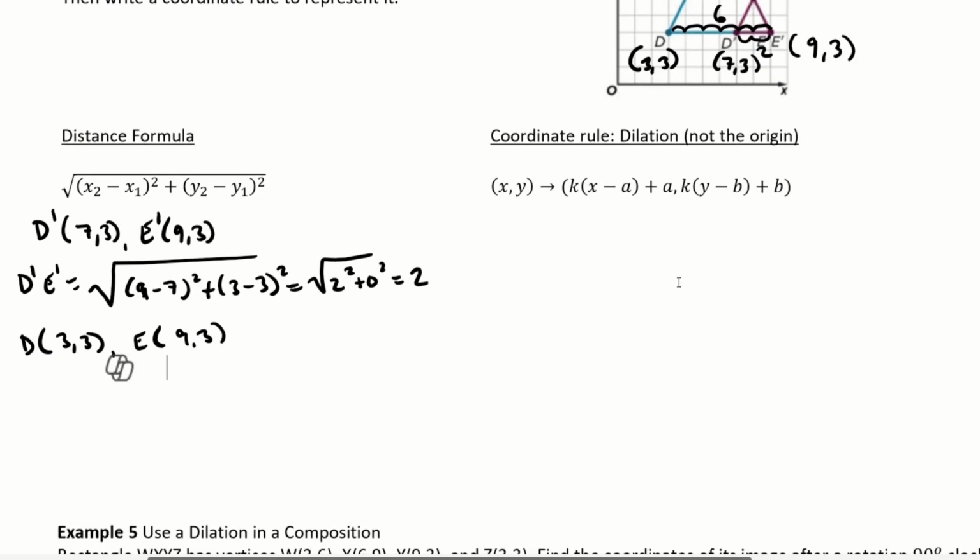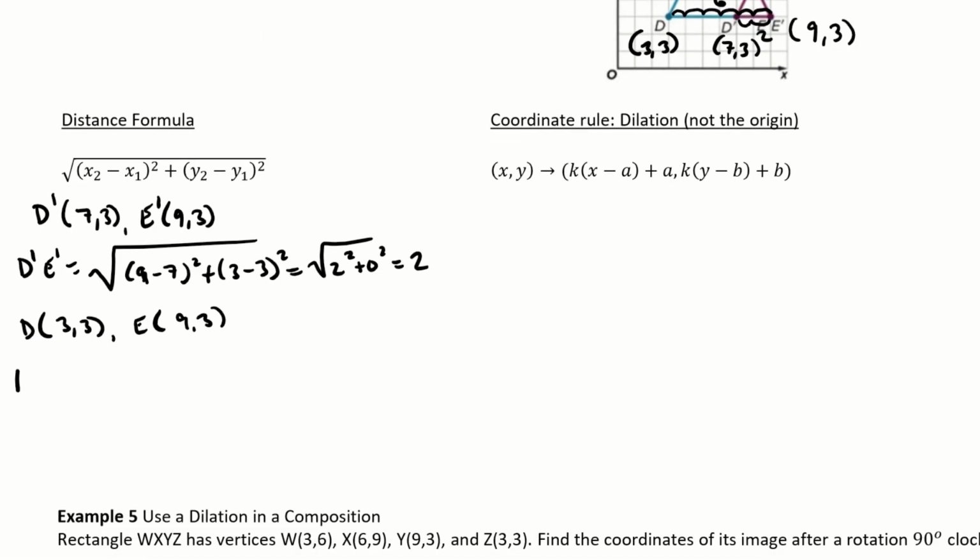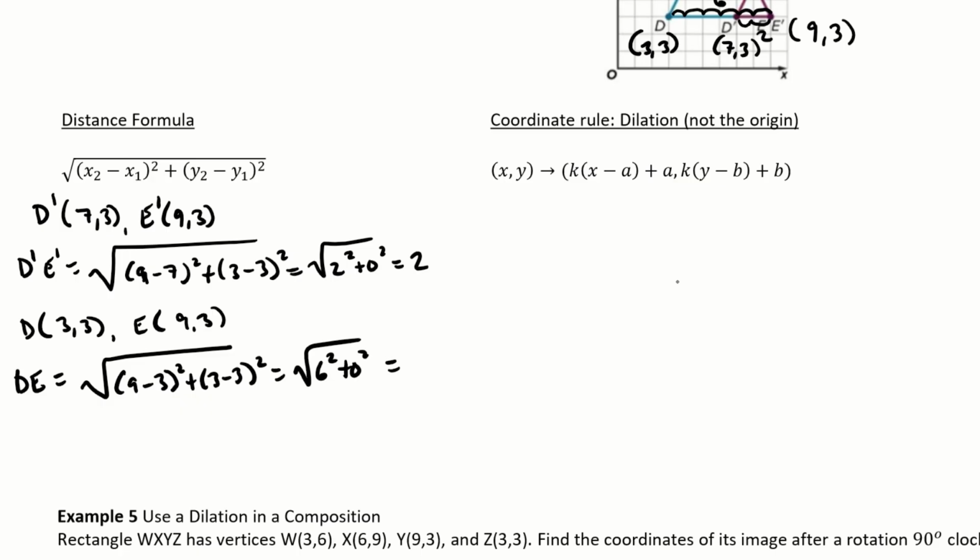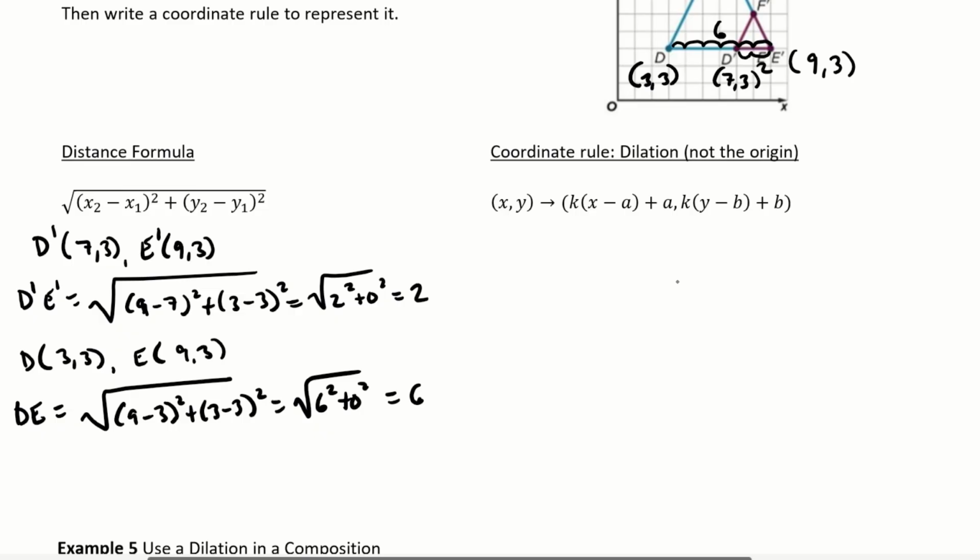And if we quickly apply the distance formula, we have DE equals square root 9 minus 3 squared plus 3 minus 3 squared, which leaves you with 6 squared plus 0 squared, which is the square root of 36, because 6 times 6 is 36, and the square root of 36 is 6. There you go. And that's exactly what I said it was going to be. If you look at the picture above, that's 6 spaces. So we don't have to use a distance formula for that, but we did.